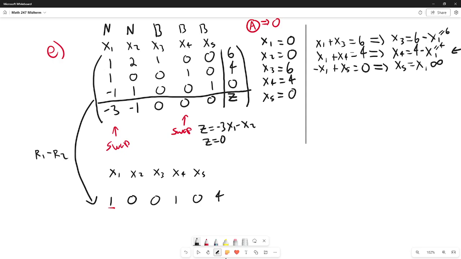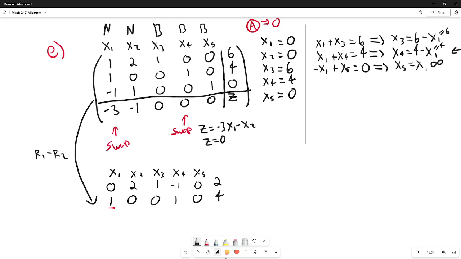That's going to give us 1 minus 1, that's 0. 2 minus 0, that's 2. 1 minus 0, that is 1. 0 minus 1, that is negative 1. 0 minus 0, that's 0. And 6 minus 4, that is 2.